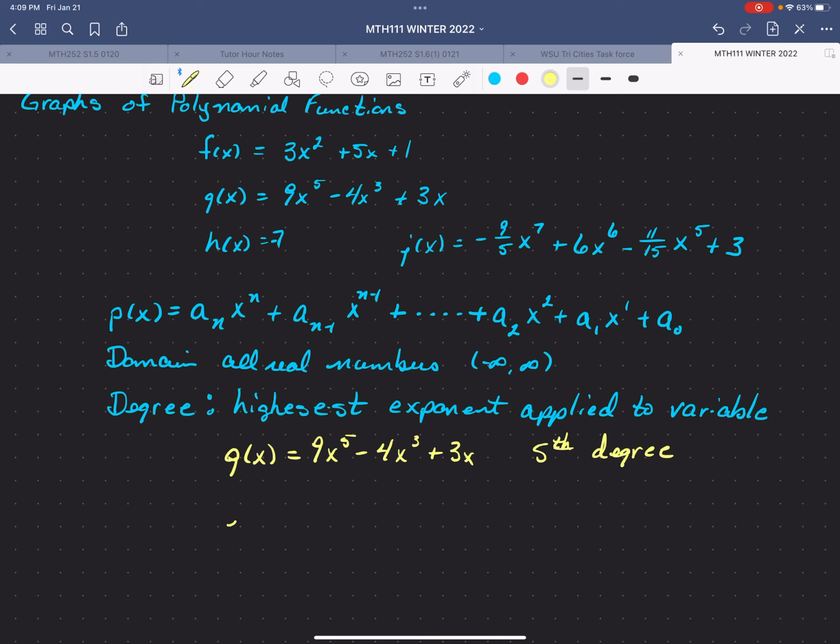Another example, if we look at this j of x, which I wrote as -9/5 x to the 7th plus 6x to the 6th minus 11/15 x to the 5th plus 3. Again, we've got exponents of 7, 6, 5, and this is actually an x to the 0. 7 is the biggest, so this is a 7th degree polynomial.